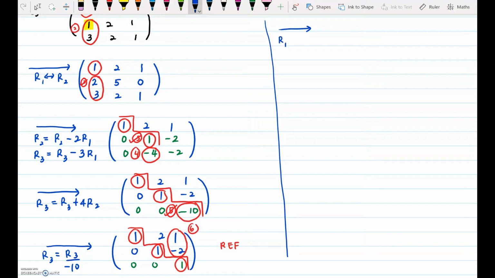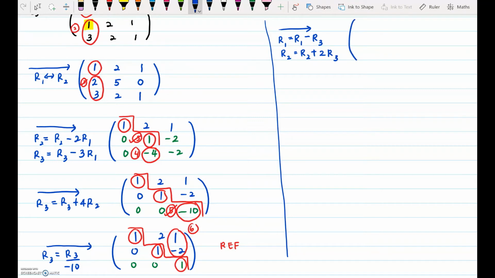For row 1, you will have row 1 minus row 3. Make sure the number 1 comes from the leading one of the same column. And then row 2 will be row 2 plus 2 times the leading one within the same column, so row 3.